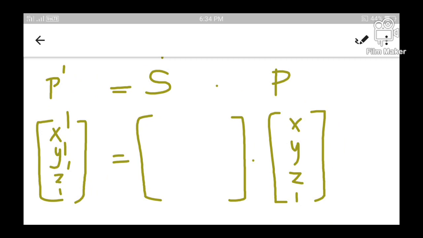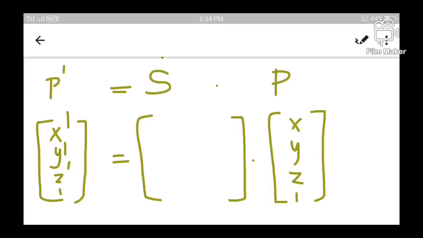Here n is 3, and so 3 plus 1, 4 coordinates are used to represent the three-dimensional space. So typically this is a homogeneous coordinate representation where an n coordinate system is represented using n plus 1 coordinates. And remember, even if you are representing an n coordinate system with n plus 1 coordinates, there is no change in value. Okay, utmost care should be taken while writing the matrix for scaling.